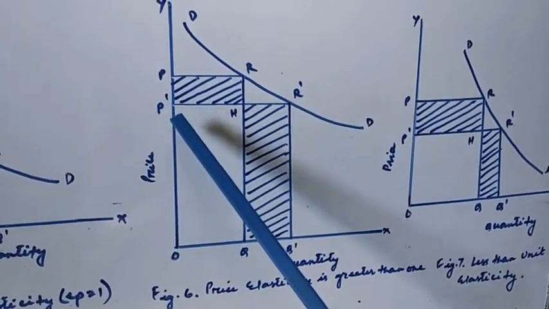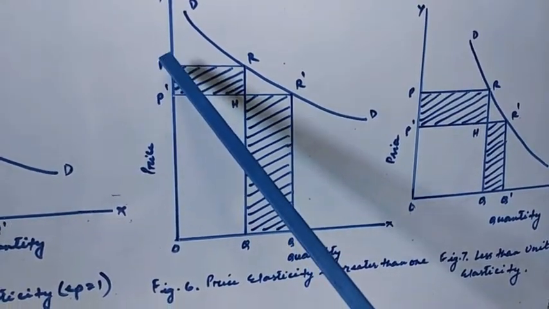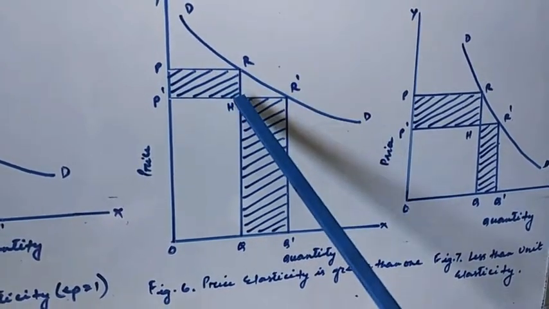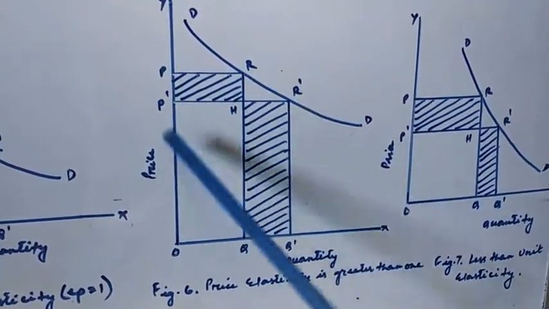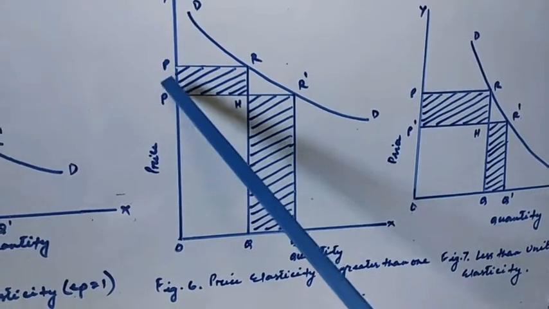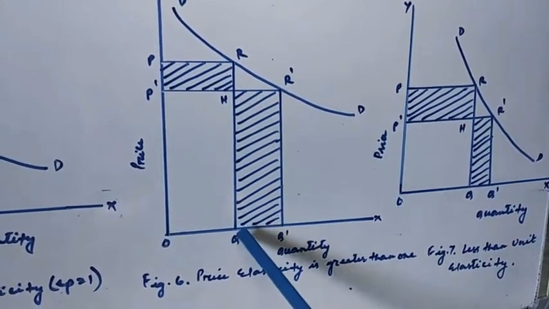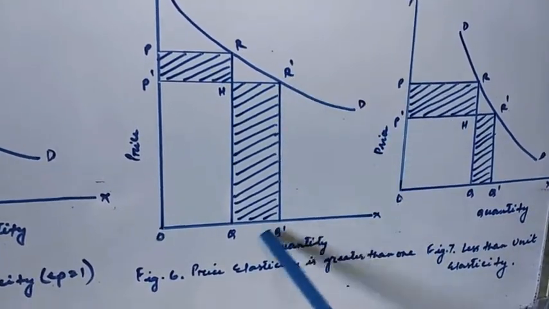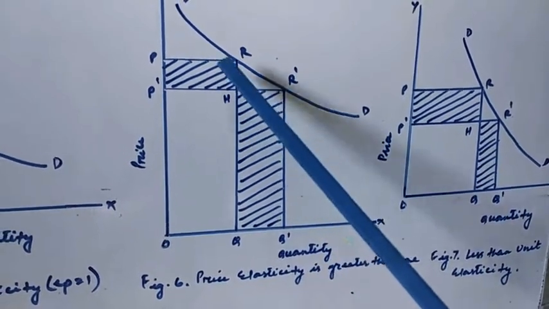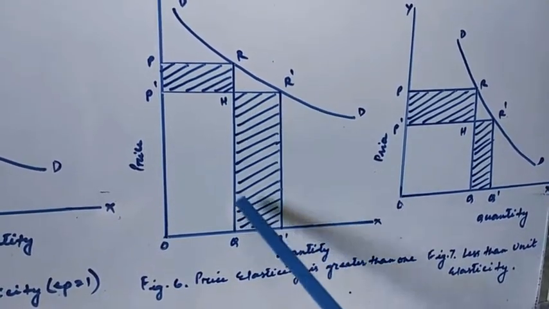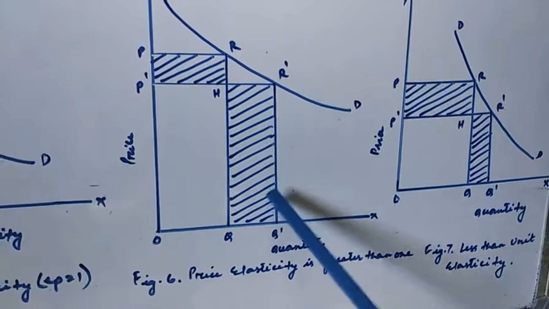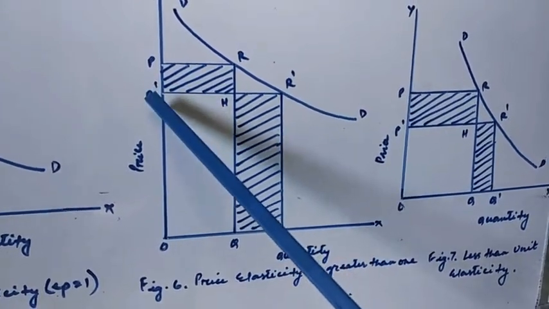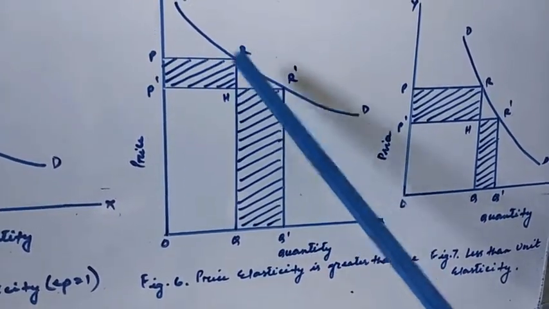So let us compare this P dash PRH, which is the remaining part for OP price, and for OP dash price, the remaining part is QHR dash Q dash. We can see clearly that this QHR dash Q dash is bigger than P dash PRH.